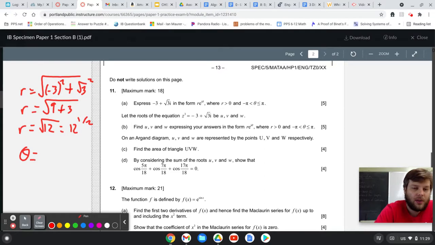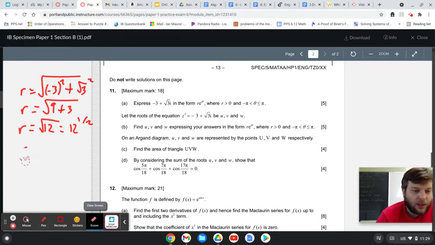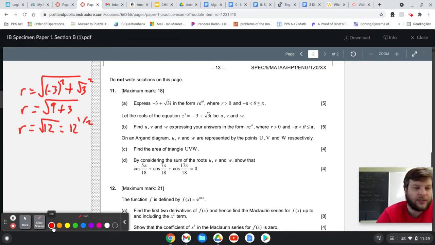And so if you want to think about it this way, let me back up a second. When I have a complex number, the tangent of the angle is equal to the y value over the x value. So I'll say the tangent of theta is equal to the y value, which is the imaginary part, divided by the x value.